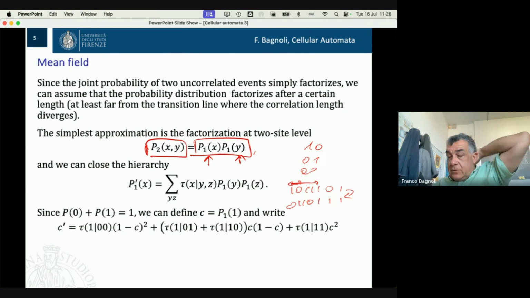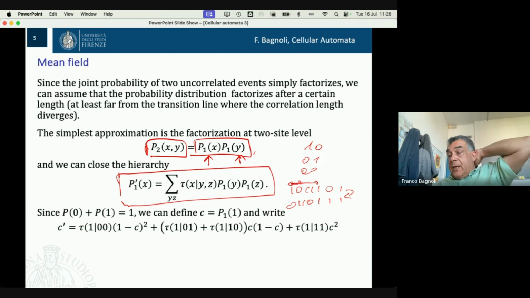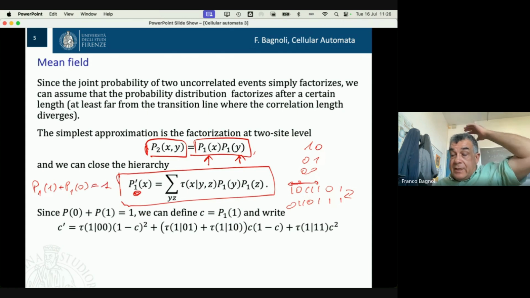In this way, we can close the hierarchy, and we can find just a closed equation for P1, and since P1 of 1 plus P1 of 0 is equal to 1, I have just one variable.